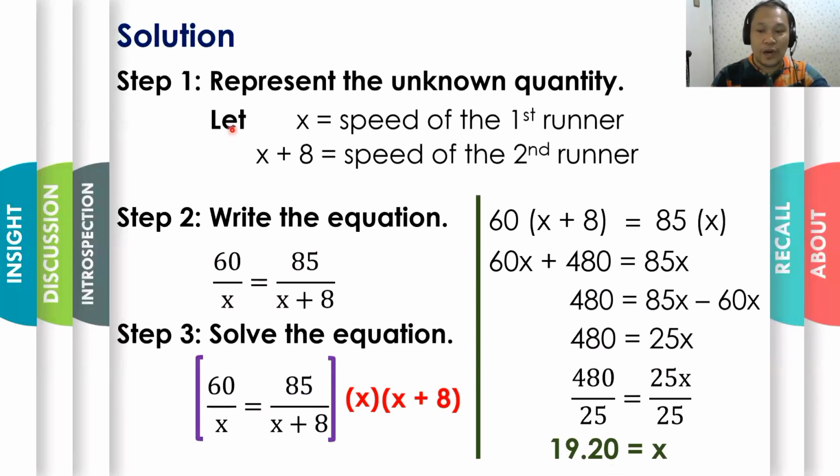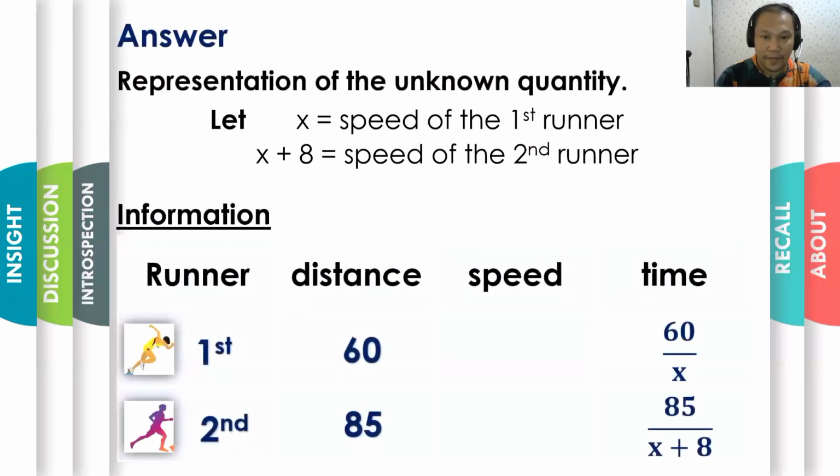Going back with our presentation, we represent x as the speed of the first runner and x plus 8 as the speed of the second runner. Therefore, if x is equal to 19.20 kilometers per hour, the speed of the first runner will be 19.20 kilometers per hour.